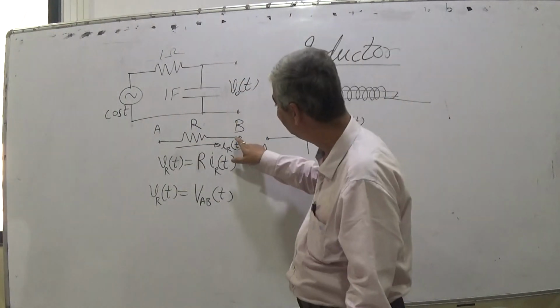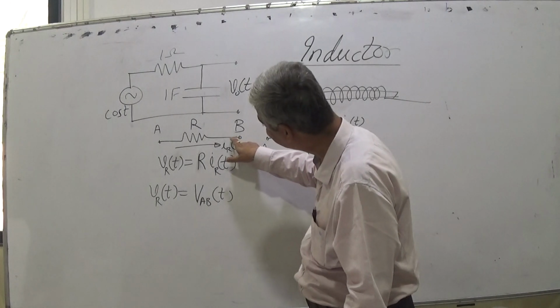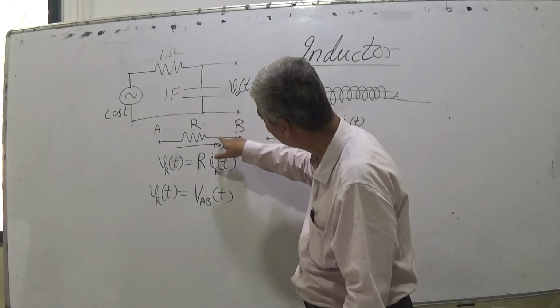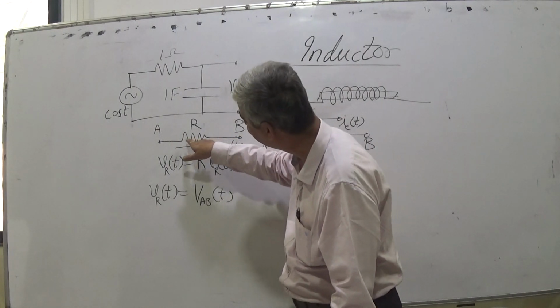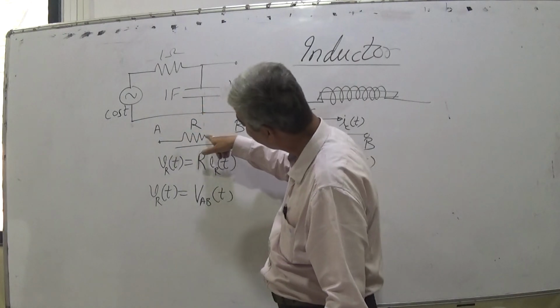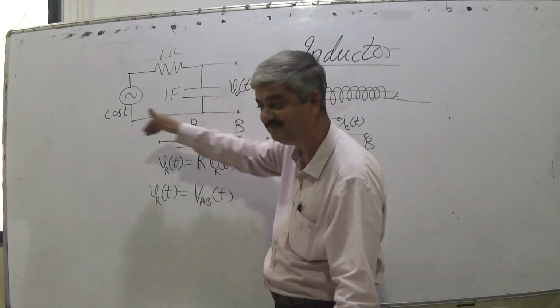It is hypothetical, so don't tell it to anyone unless the person is mature enough. Those red electrons will travel, cross through the resistor, that is the wire, and appear on the other side.